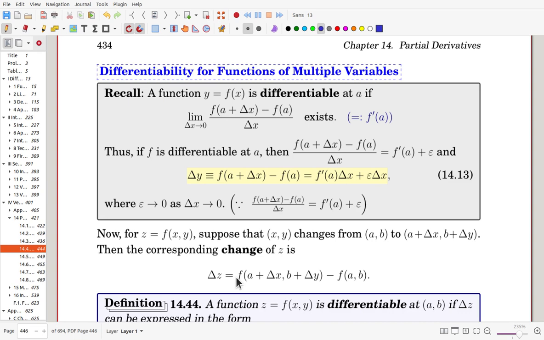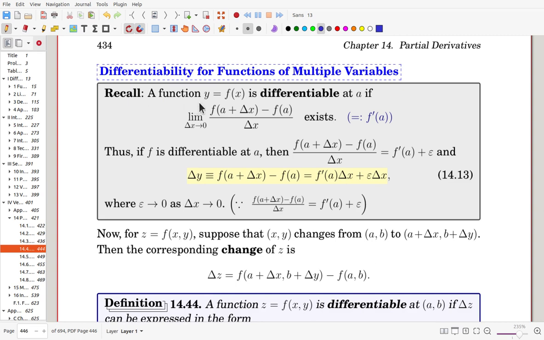The question is whether these derivatives can be obtained for every arbitrary direction. Differentiability is related to that question, and we will define differentiability in this definition. In order to do that, let's begin with a recall.